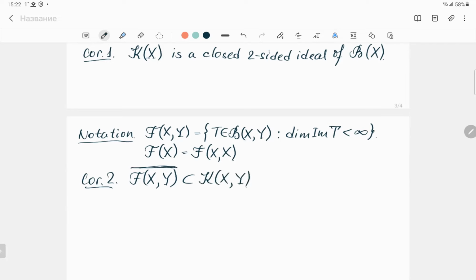In other words, if a bounded operator can be approximated by a finite rank operator for the uniform norm, the usual operator norm, then it is compact. And this is a very useful condition. It is useful when we want to prove the compactness of a concrete operator, not by the definition, but by using this corollary.